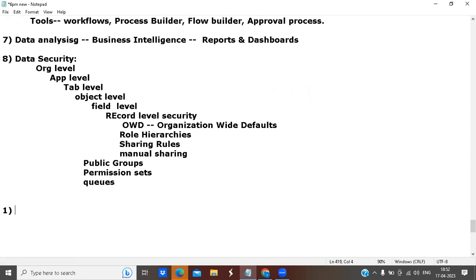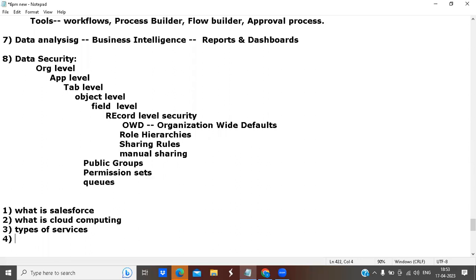The first one is what is Salesforce, we discussed. Second one, what is cloud computing? After types of services, we remember IaaS, PaaS, and SaaS.